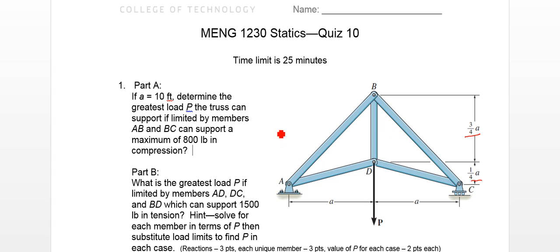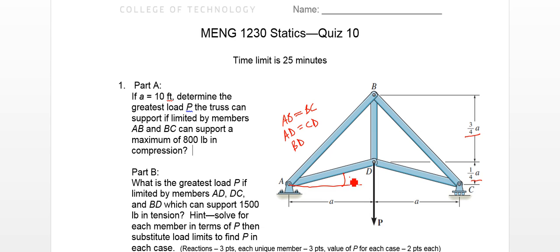So it's pretty clearly seen that AB equals BC, AD equals CD, and BD is unique here at the center. So that's our truss. We can also calculate a couple angles here.